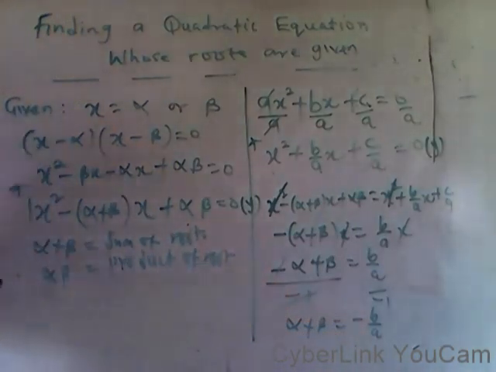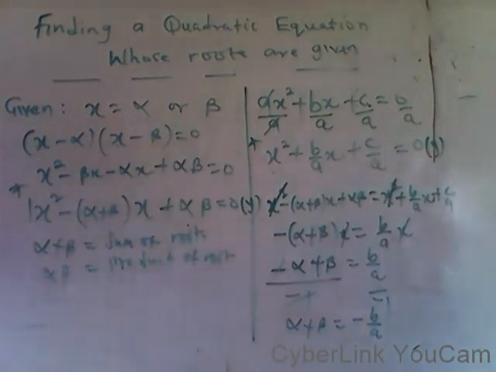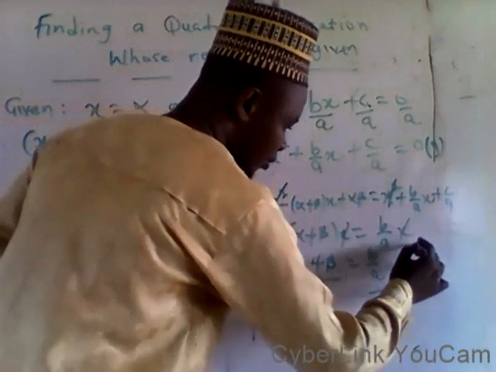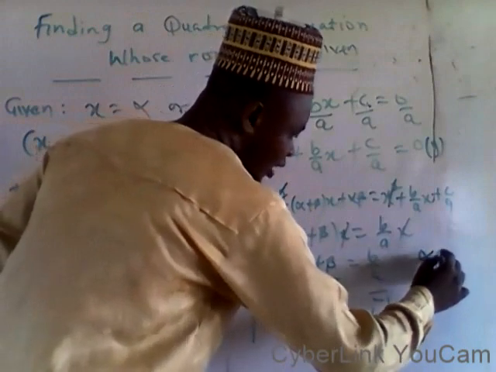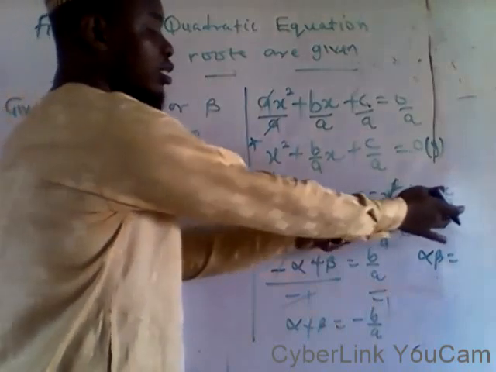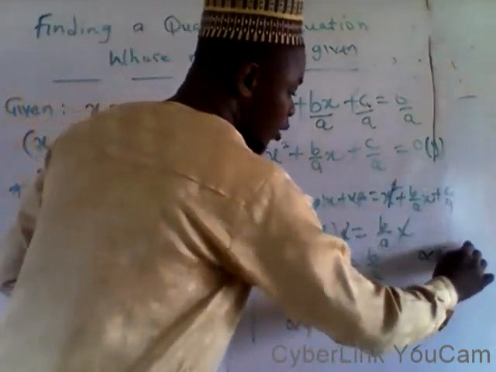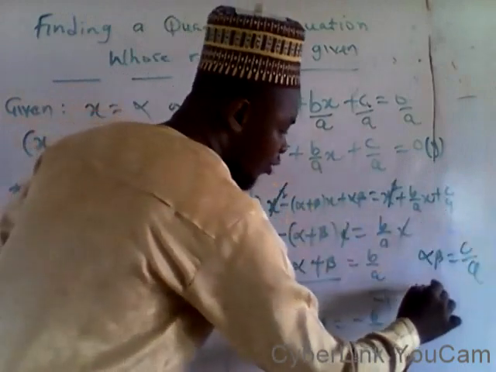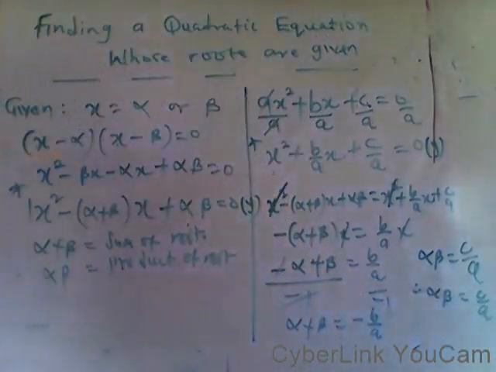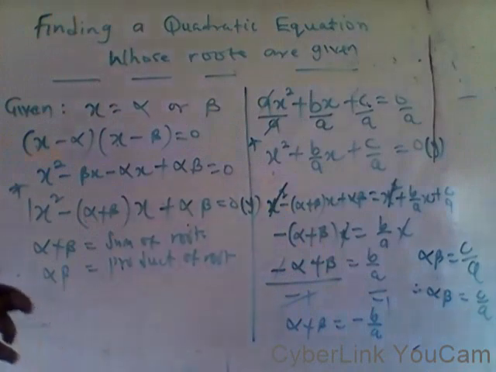To be very quick, we get that when you say your alpha beta equals c over a. So therefore, alpha beta is c over a. So from this, the sum of the roots is minus b over a, and the product of the roots is c over a.